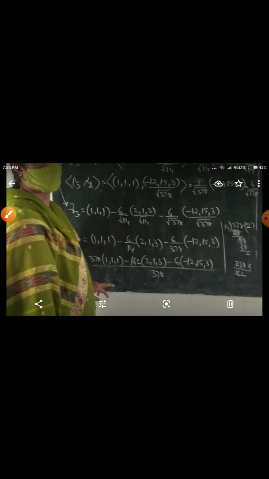And for the simplification, (1, 1, 1) minus 6 by 14 times (2, 1, 3) minus 6 by 378 times (minus 12, 15, 3). So that is nothing but 1 by 378 times [378 times (1, 1, 1) minus 162 times (2, 1, 3) minus 6 times (minus 12, 15, 3)].